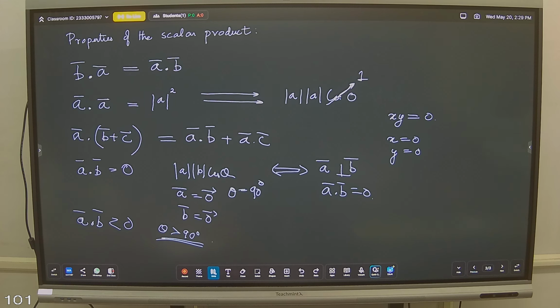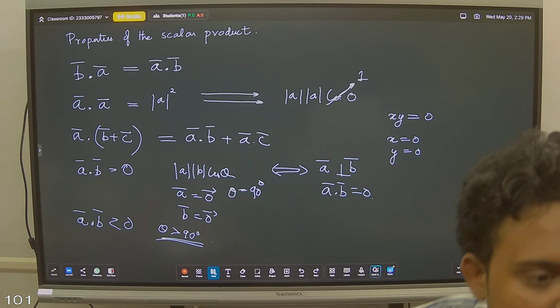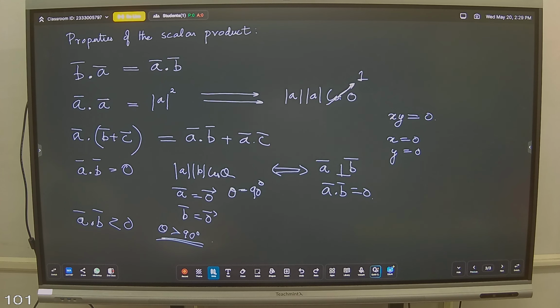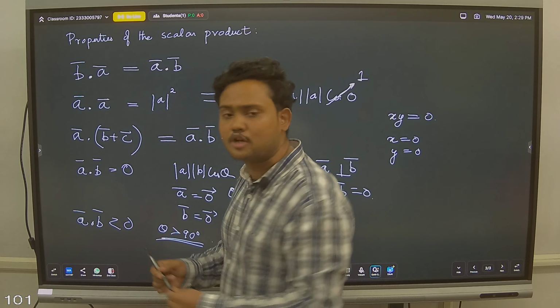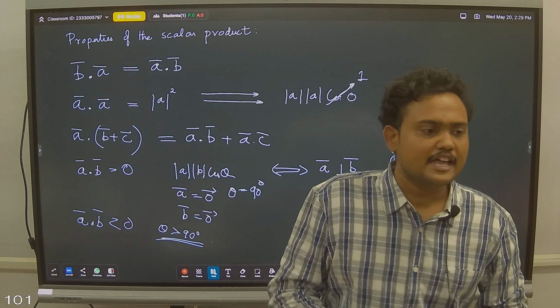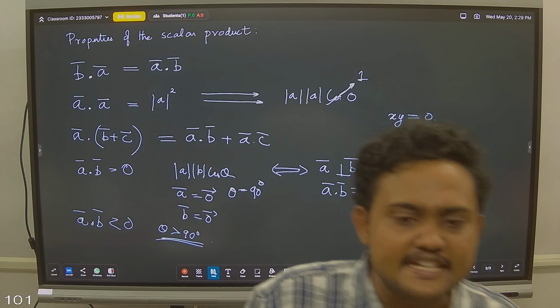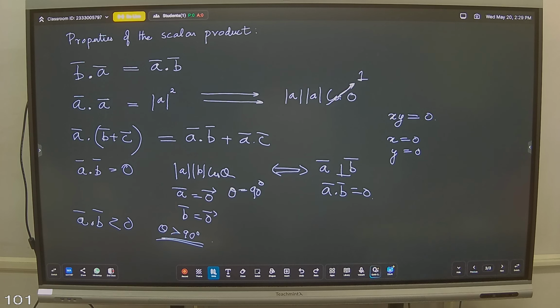Mod A is the length of the vector, right? The length of the vector cannot be less than 0. So mod A mod B cannot be less than 0. The only thing that can be less than 0 is cos theta. If cos theta is less than 0, it means theta is greater than 90. Correct?